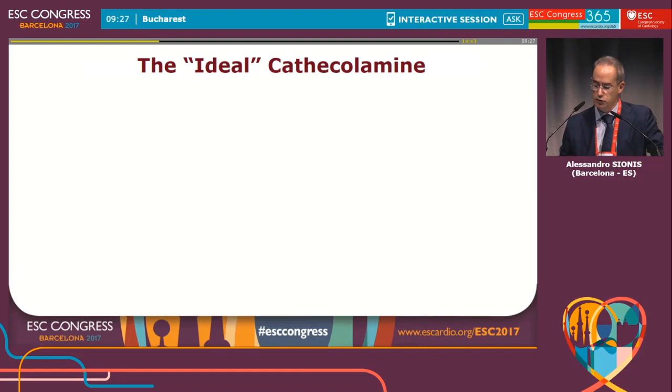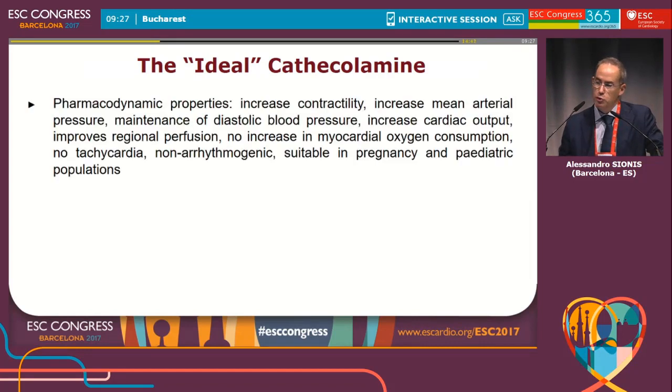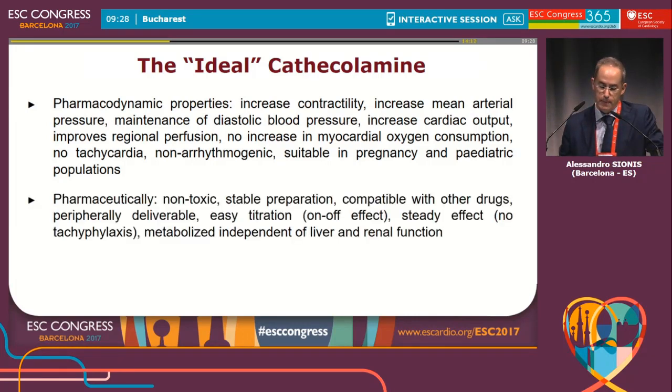I would like my drug to increase contractility, increase mean arterial pressure, maintain diastolic blood pressure, increase cardiac output, and improve regional perfusion, without increasing myocardial oxygen consumption. Also, we like our drug not to cause tachycardia or to be arrhythmogenic, and to be usable in a wide spectrum of patients, such as in pregnancy and pediatric patients.